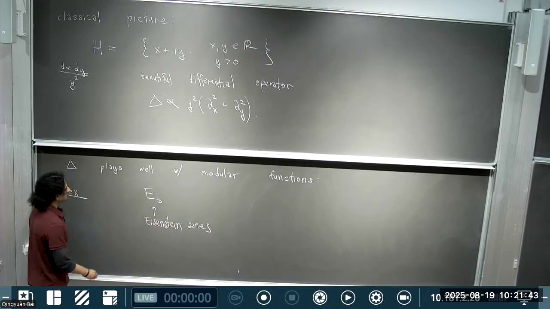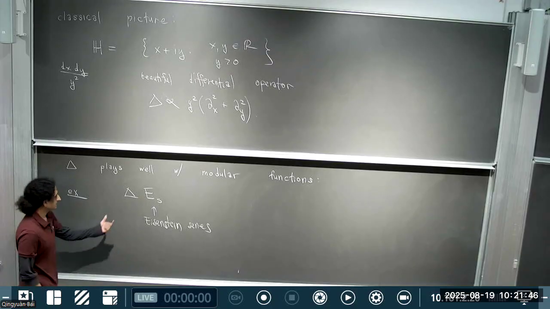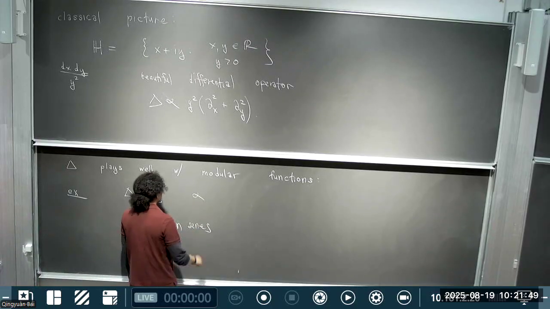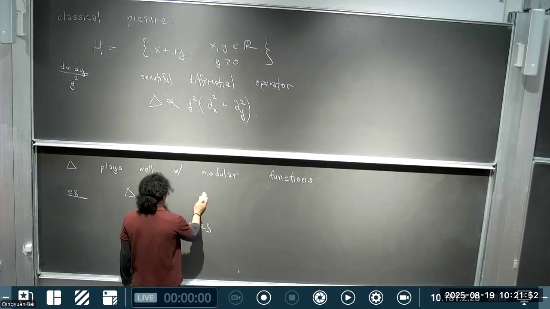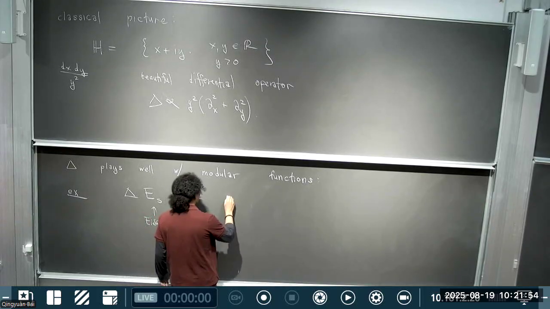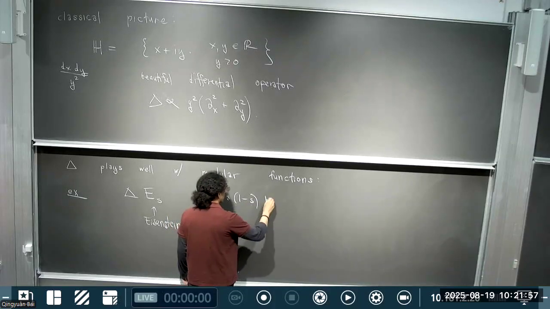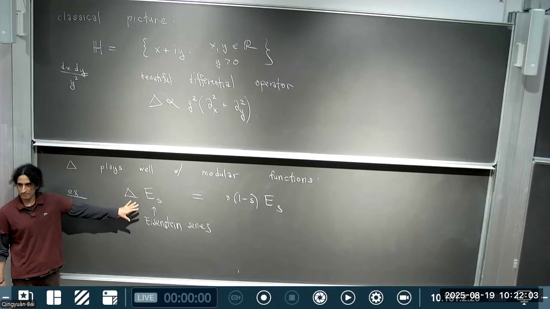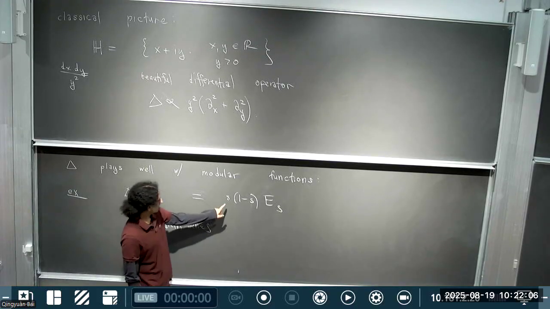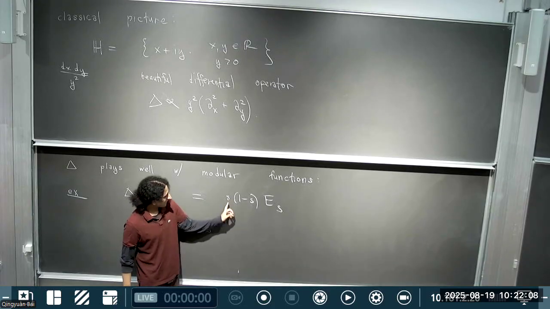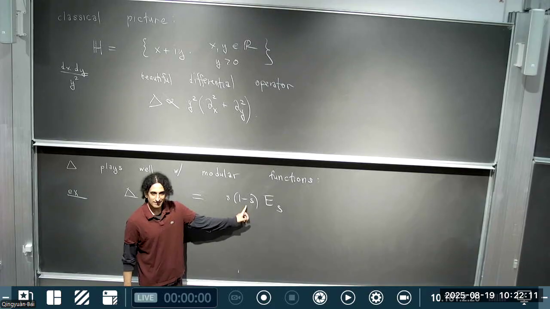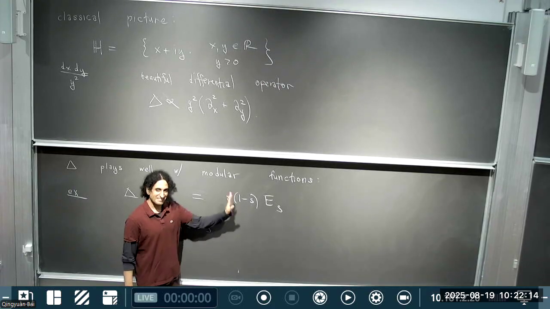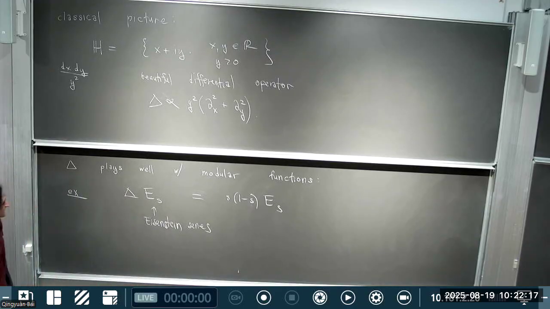When you take one of these things and hit it with the Laplacian, you get equals. The whole point is that you take a special function and hit it with the Laplacian, and it just gets rescaled. For people who know these things, you get exactly the factor s times 1 minus s, which is very nice.